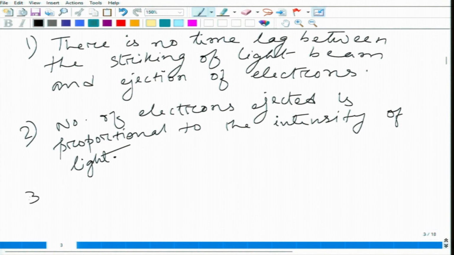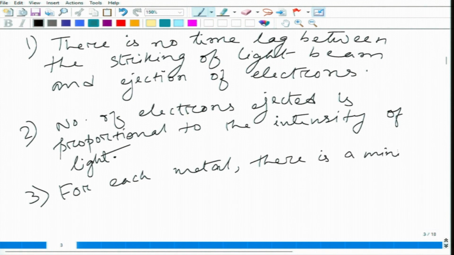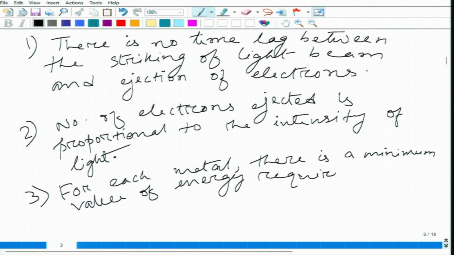And for each metal, there is a minimum value of energy required to eject an electron.